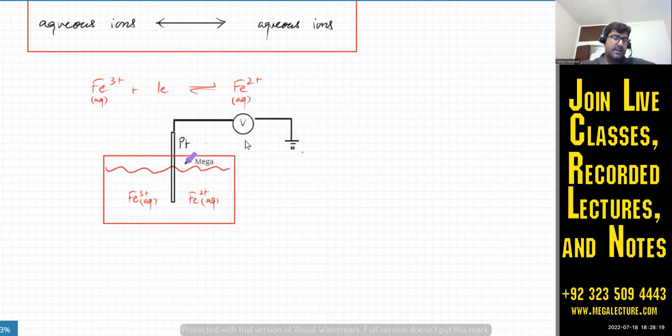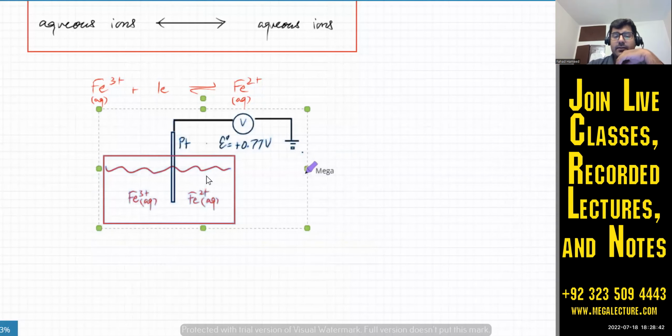So whatever happens, the potential that's built up over here will tell you. The data booklet gives this potential as positive 0.77 volts. That indicates that Fe3 plus likes to gain electrons, which is why there's positive charge built up over here. So that's your third type of electrode.